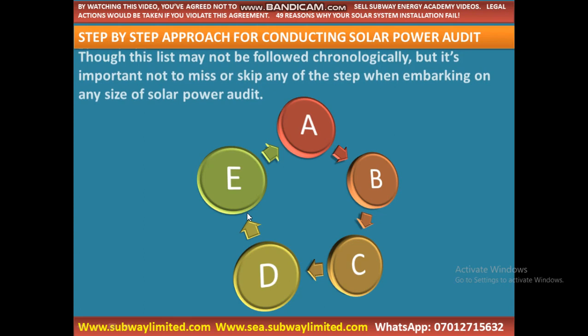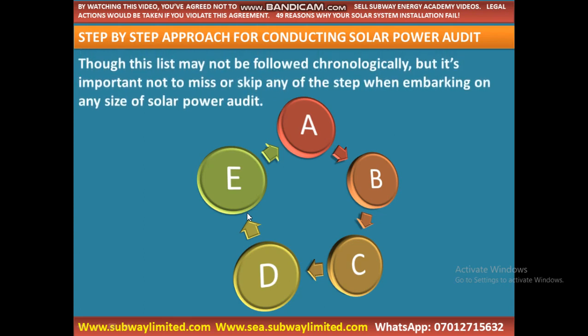Though this list may not be followed chronologically, it's important not to miss or skip any of the steps when embarking on any size of solar power audit. So that is what we are saying.